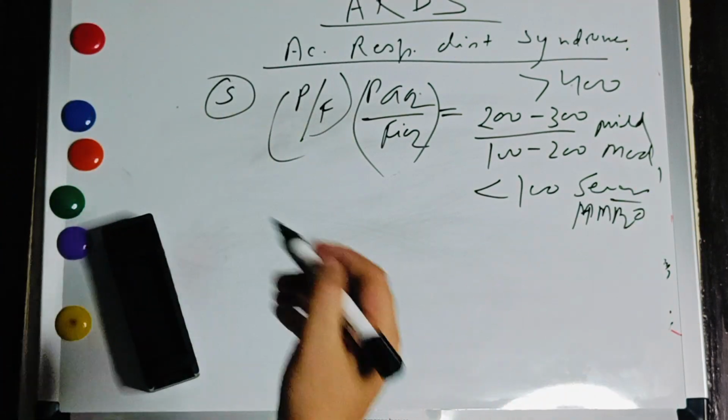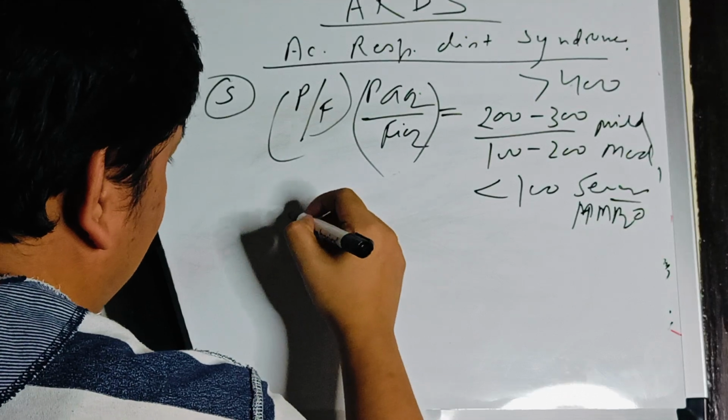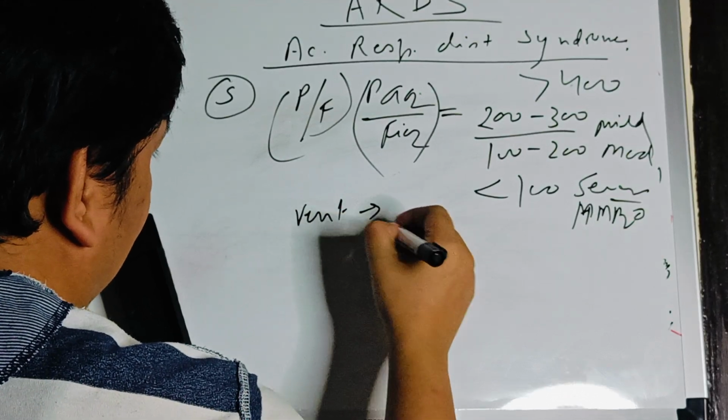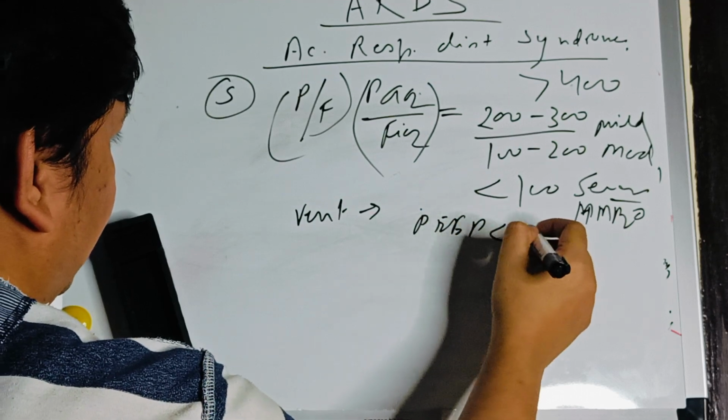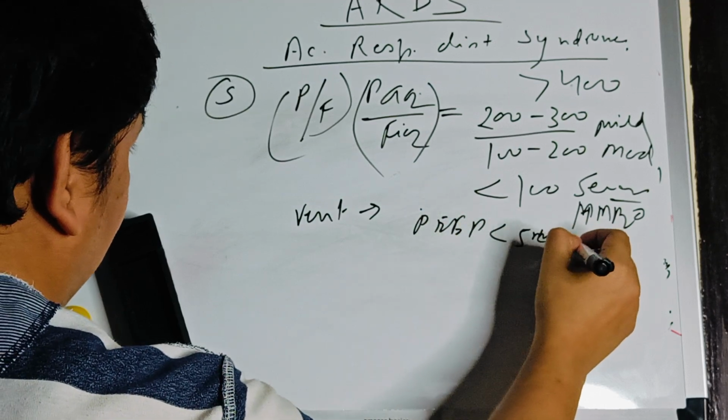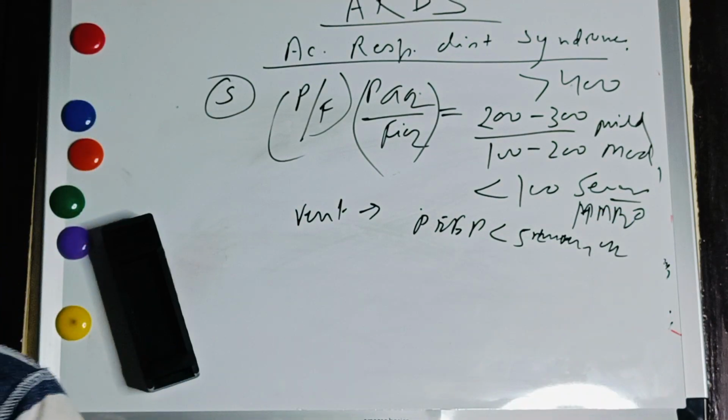But there is a catch. If the patient is on a ventilator, the PEEP has to be above 5 centimeter of water. So PEEP is required to calculate this PaO2/FiO2 ratio.